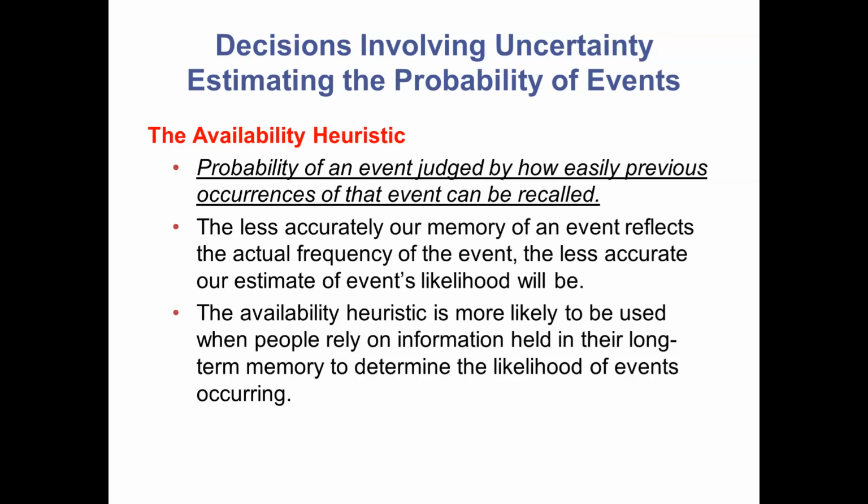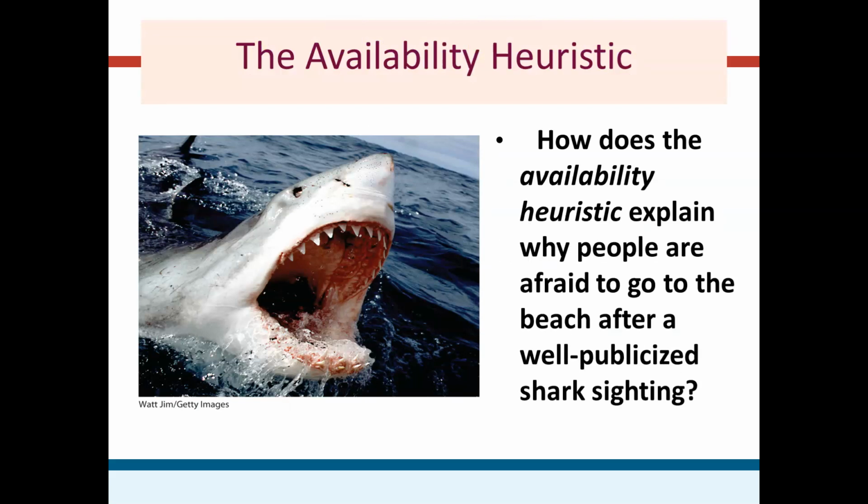Okay, let's go forward here. Looking at the availability heuristic, take for instance this image right here of a shark in the water. Why are people afraid to go to the beach after a well-publicized shark sighting?